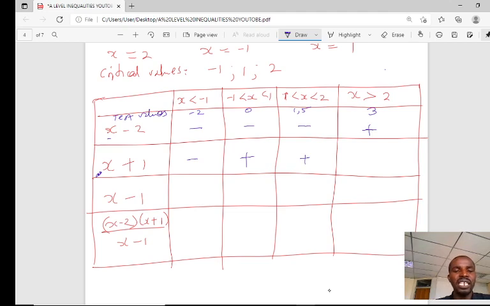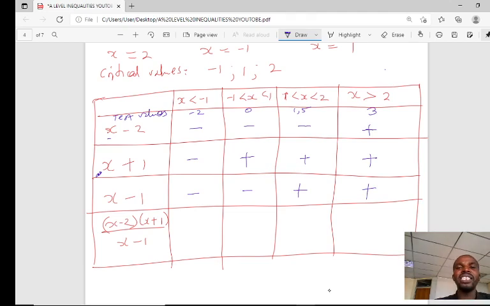Then put x as 3, 3 plus 1 is 4, positive. The next row, where there's x minus 1, put x as minus 2. It will be minus 2 minus 1, minus 3, a negative answer. Then put x as 0, 0 minus 1 is negative. Put x as 1.5, positive. Put x as 3, positive.